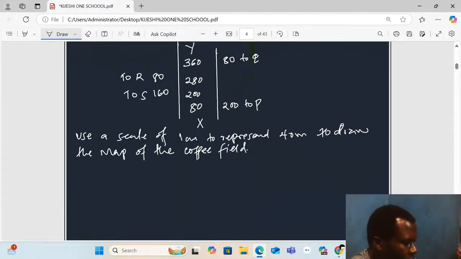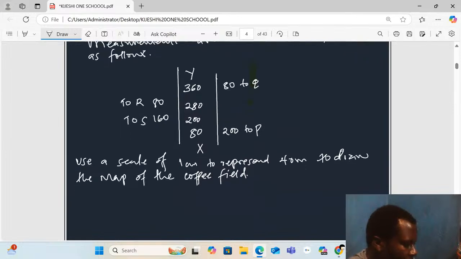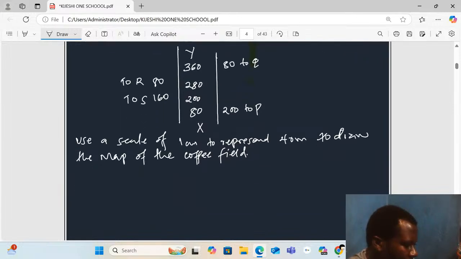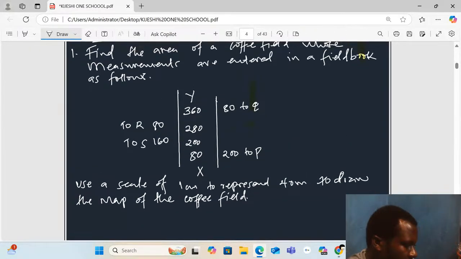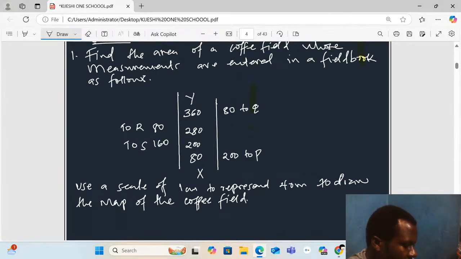Now we have to draw this coffee field to scale. Therefore, we have this field book, and we're supposed to use this information to draw the map of the coffee field, which is from point X to Y. That is our baseline.